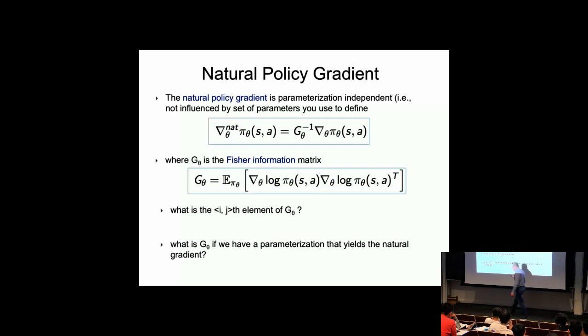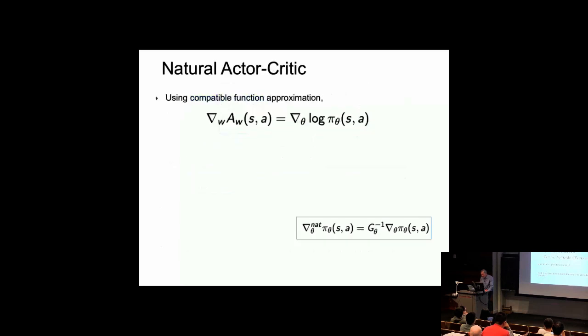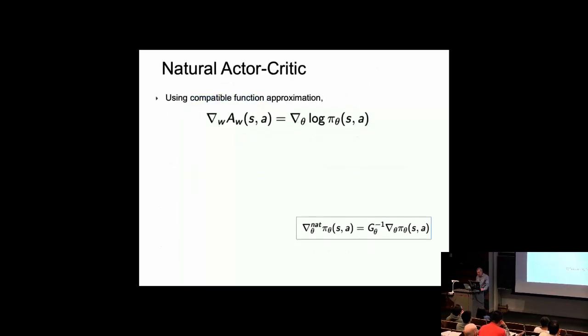Seems like an okay thing to do, but does it really help? And the answer is it does really help. In fact, it leads to a kind of surprising algorithm called the natural actor critic, which goes like this.